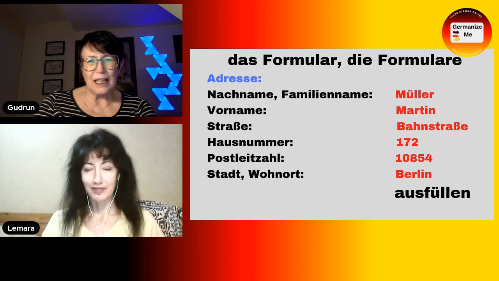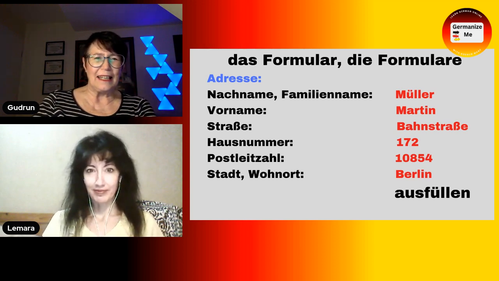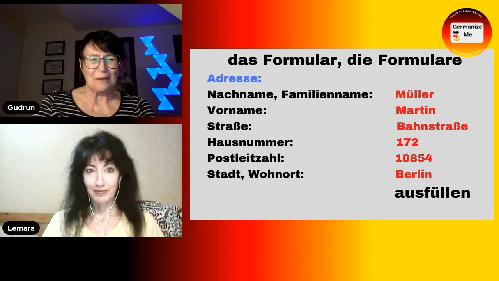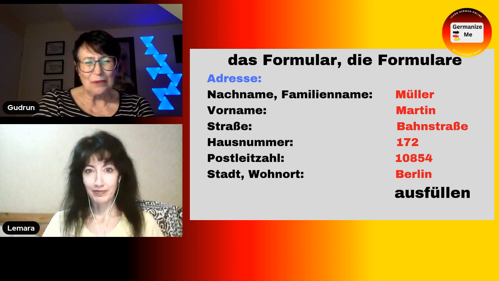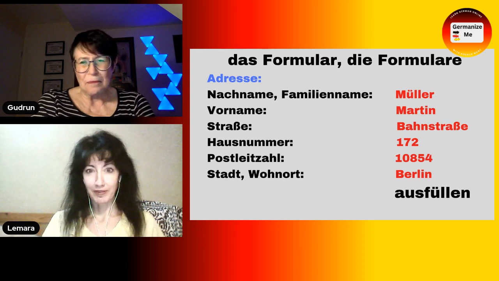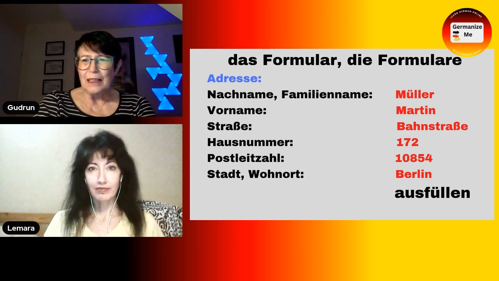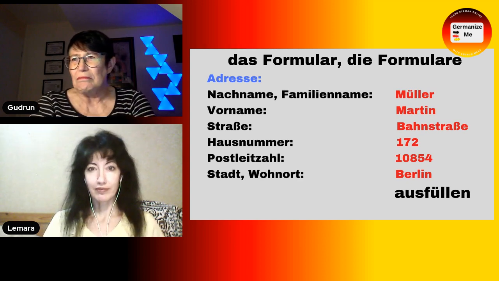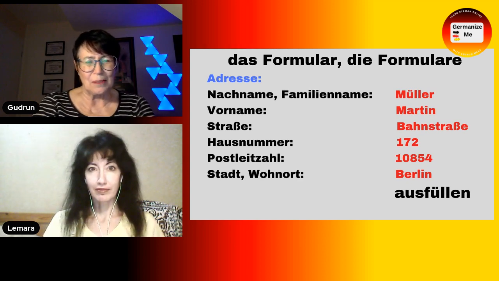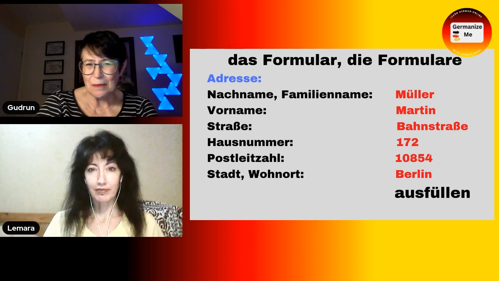Okay. What else is missing? What do you think? If you fill in a form for the authorities or to apply to some sport club or something like that, register somewhere.